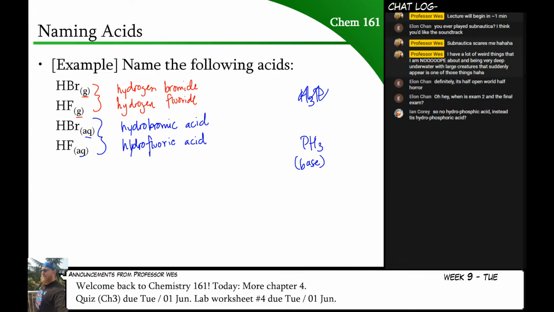It's kind of like H3N doesn't exist because NH3 exists, and NH3 is a base. So we're not going to name H3N following the acid rules because it's a base. But if H3P was a thing, that would be its name. It would be hydrophosphoric acid, minus the hyphen.